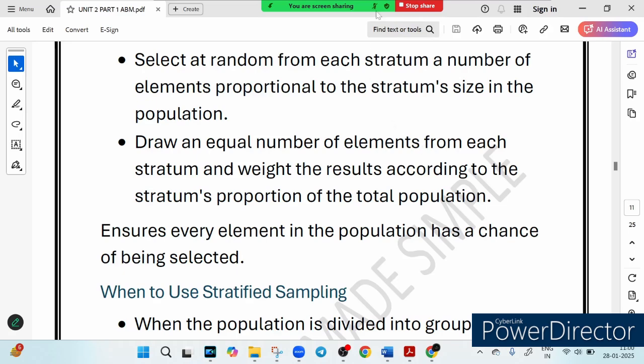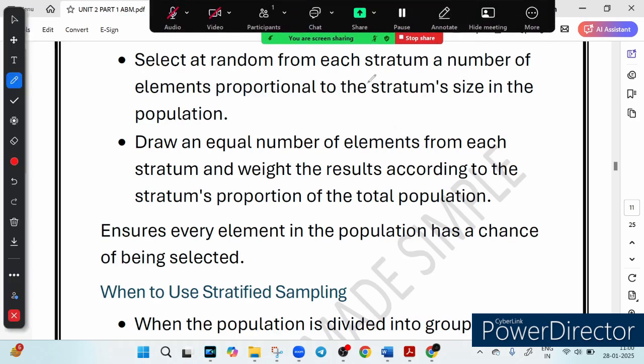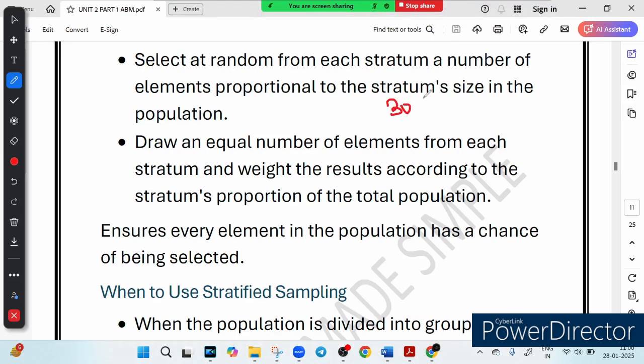For example, if 30% of your population is under 20 years, you will choose 30% of your sample from that group. So this is the first approach.